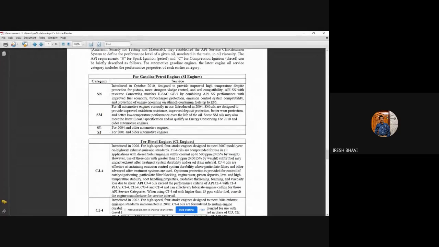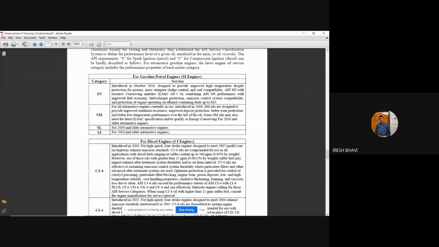And SL is for old engines, for 2004 and older, before 2004, up to 2001. Whatever engines were there, those old cars and bikes, they use SL grade. And SJ grade is even older than that, before 2001.